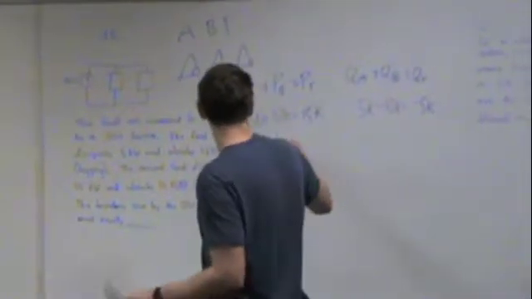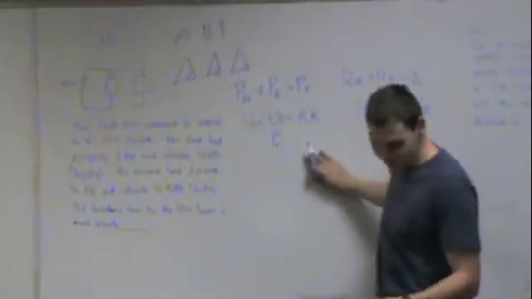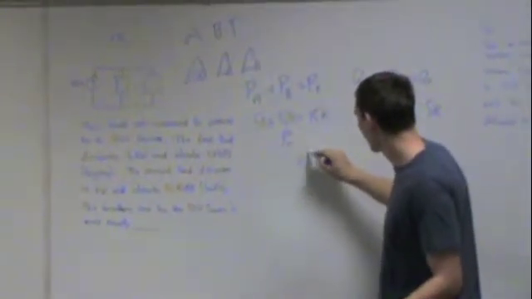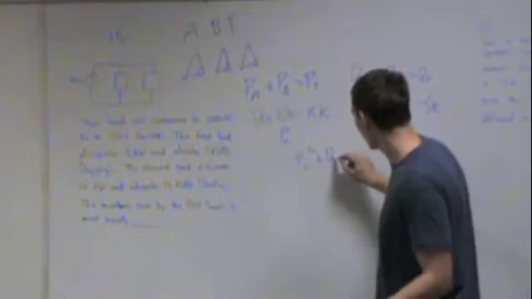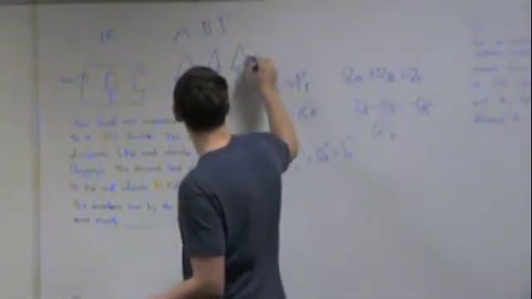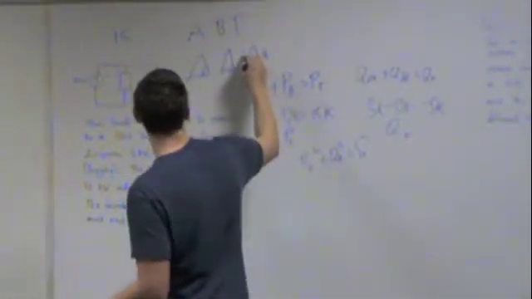So now we have P, and we have QT. What we're going to do is PT squared plus QT squared equals ST squared, because from the triangle, this is very obviously a right triangle.